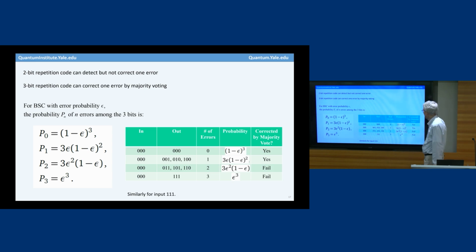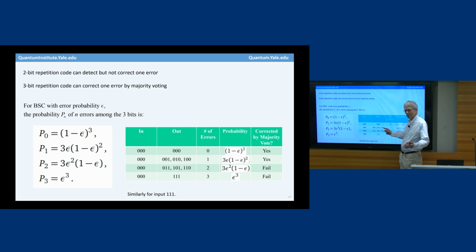Okay, now let's do majority voting. So I go here, and I say, oh, all 3 of these tell me it's 0. It's almost certainly a 0. And you get the right answer, because Alice sent 3 zeros. Here, Alice sent 3 zeros, and Bob got 1 of these. But he looks at it and says, oh, 1 of these is different from the other 2.